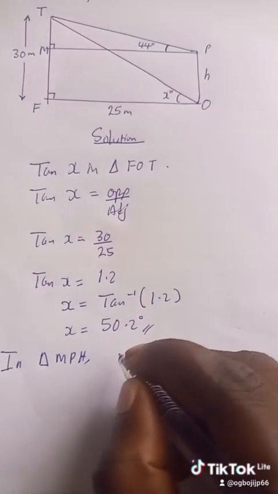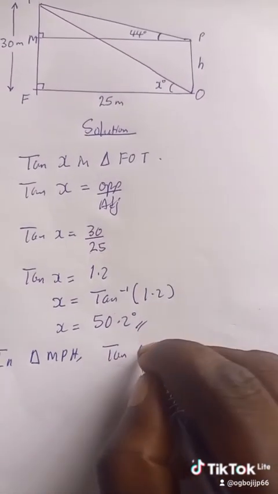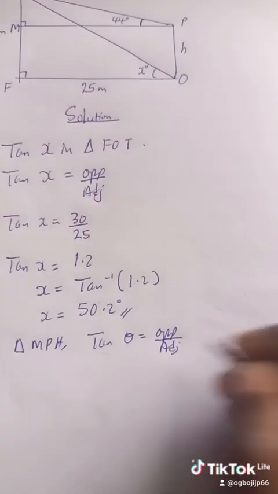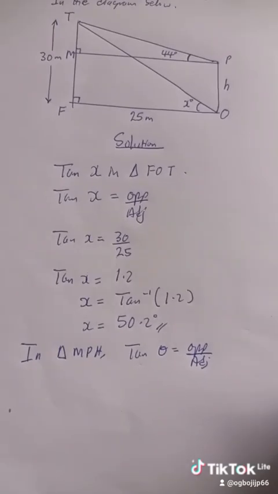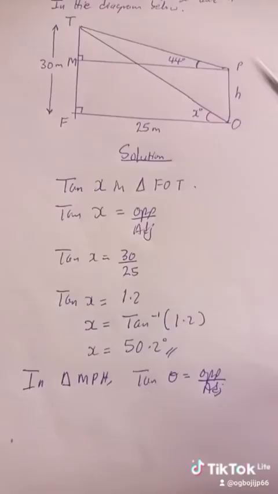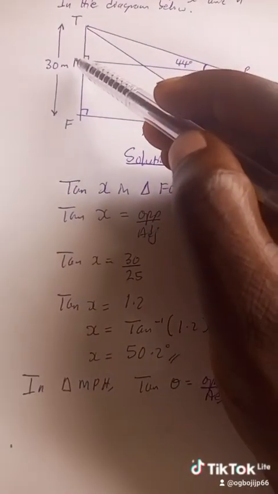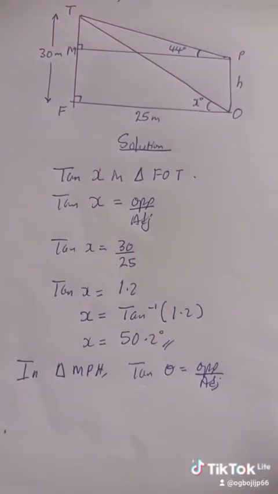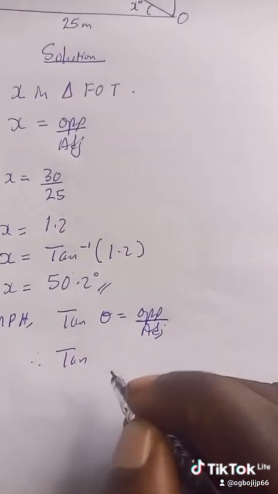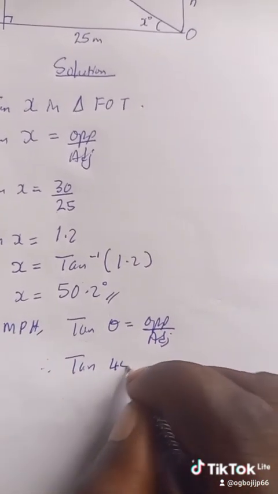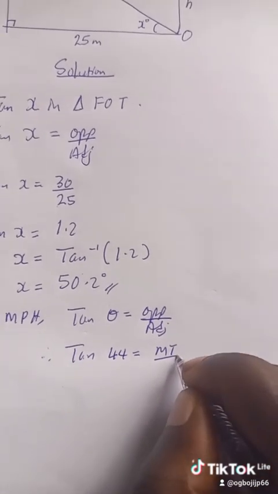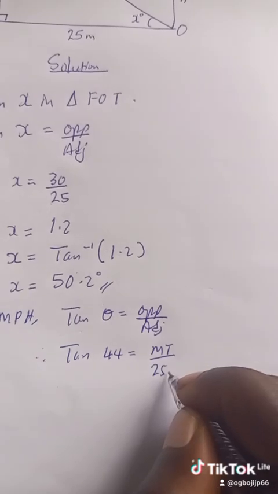So we apply the concept: tan theta is equal to opposite over adjacent. Our theta is 44 degrees. Our opposite is MT, which we don't know, so let's maintain MT to stand for our opposite. Therefore, tan 44 is equal to our opposite, MT, over our adjacent, which is 25 meters.